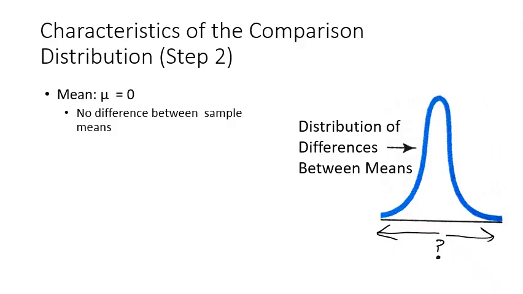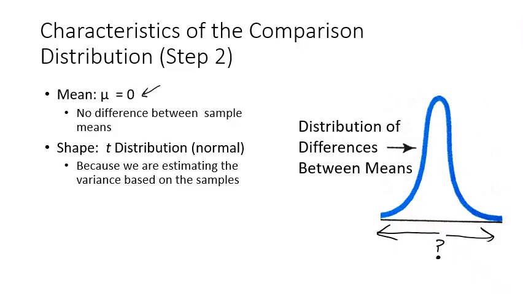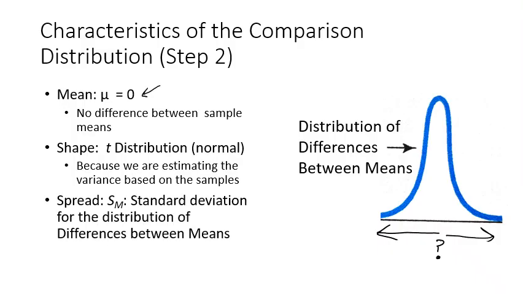So just like in the paired samples t-test, the mean mu is going to be 0. In this case, it means there's no difference between the sample means. We're using the t-distribution again because we're still estimating the variance based on our samples. But we've got kind of a big process for figuring out the standard deviation for the distribution of means. And you'll remember this SM, that S is just referring to the estimated standard deviation. So that's what we're figuring out.